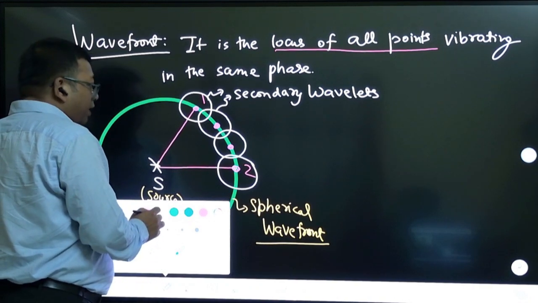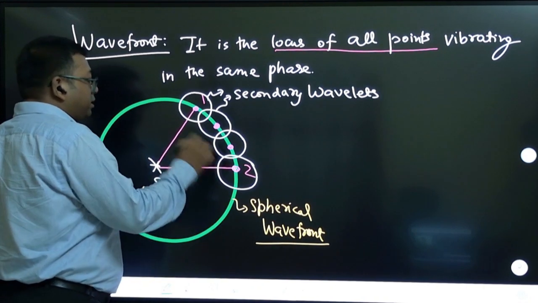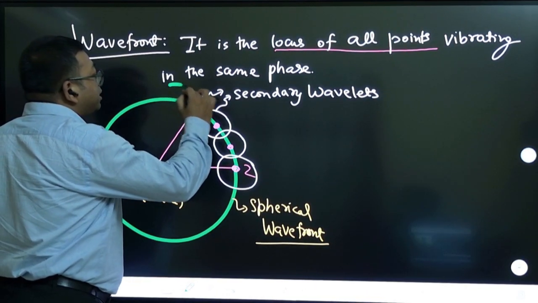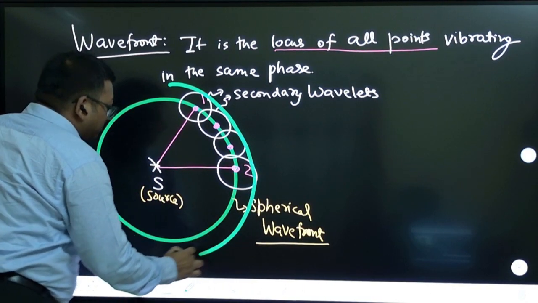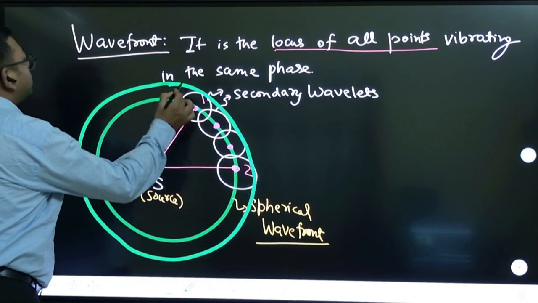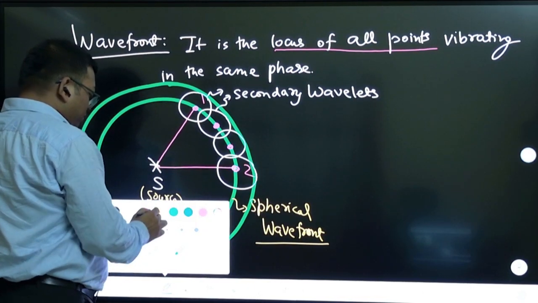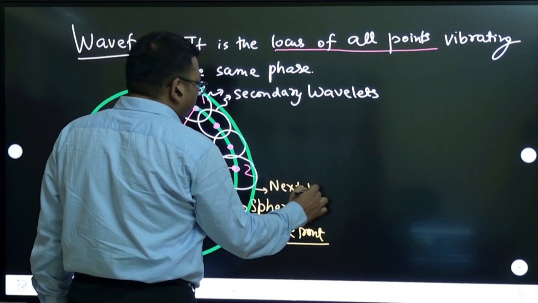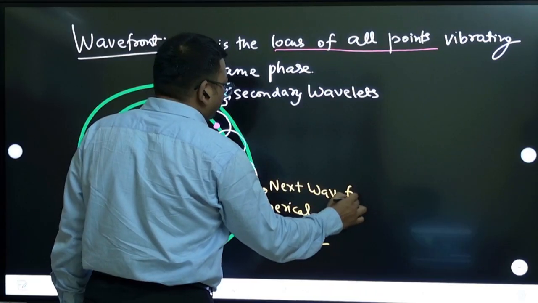Now, if you try to combine these secondary wavelets by making a tangent surface by joining them, this will be the next wavefront.